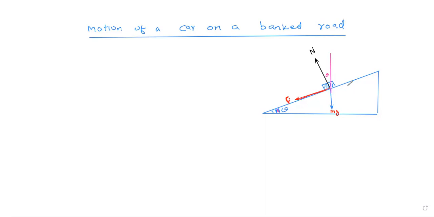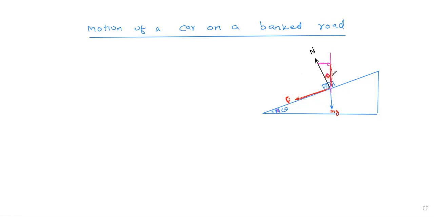Clear? Then what are the two components of the normal? If you consider a right angle here, this is the angle 90 degree. Clear, right? So this is angle theta, and this is the adjacent side.